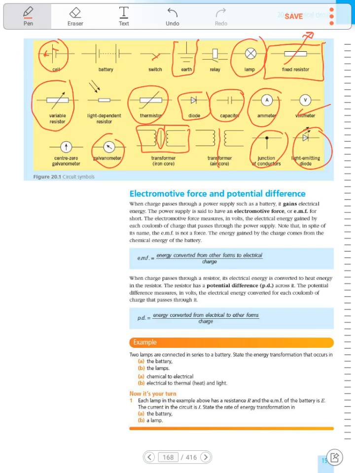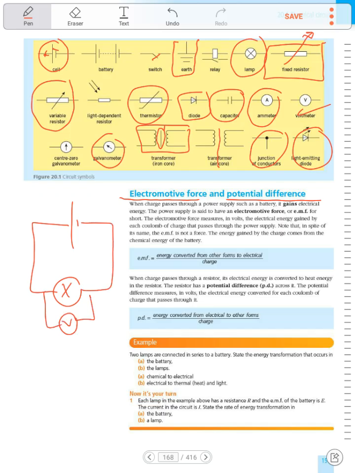Now, again, what is the difference between electromotive force and potential difference? If we have a power supply and a bulb, and the voltmeter is connected in parallel with the bulb, this value is the potential difference, and if we connect the voltmeter parallel to the battery, the voltmeter measures the electromotive force.